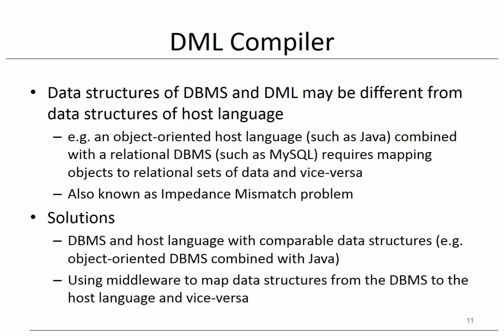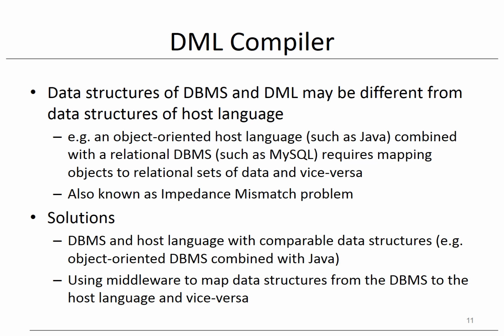The mapping between object-oriented and relational concepts is often referred to as the impedance mismatch problem. It can be solved in various ways. First, we can choose a host language and DBMS with comparable data structures.